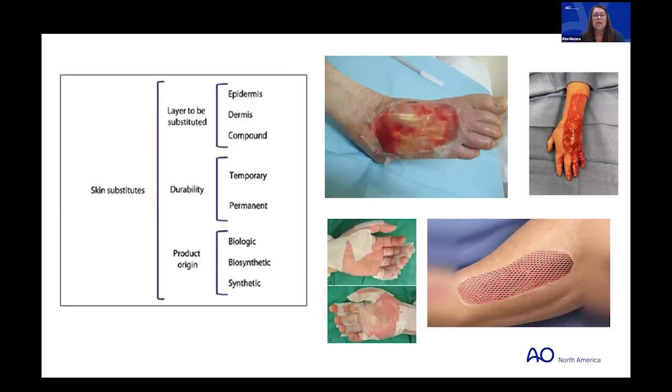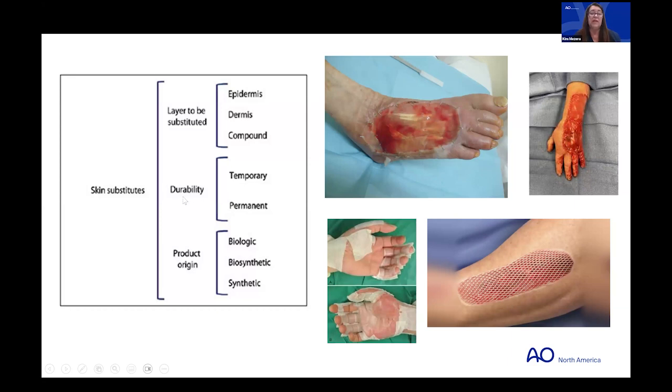So just to start, in a very simplistic organization, when you have a patient with a wound, what is it that you're trying to substitute? What is it that you need? Do you need epidermis? Do you need dermis, or do you need a compound, something that contains both?